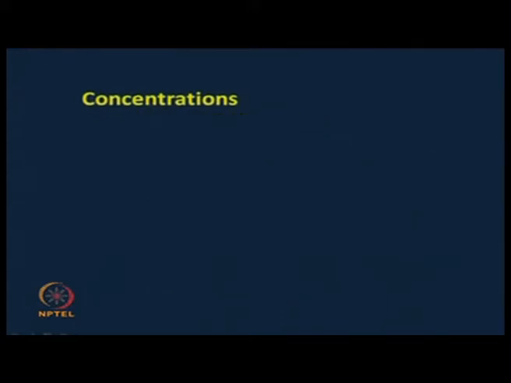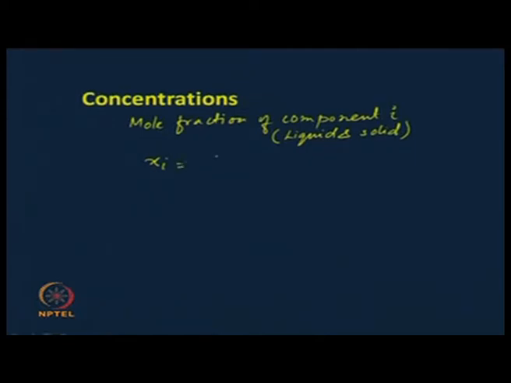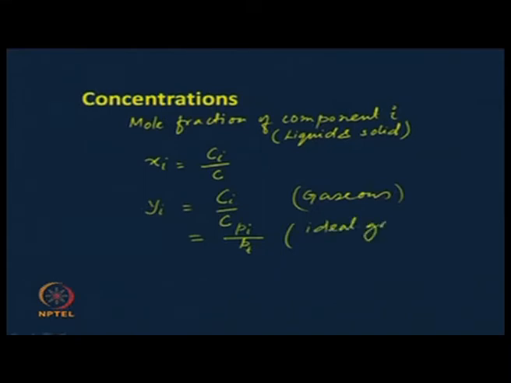Mole fraction of component i for liquid and solid systems can be represented as x_i equal to C_i by C. For gaseous components, it is represented by y_i, which is equal to C_i by C. If the gas components are ideal gas mixtures, then this will be P_i by P_T.